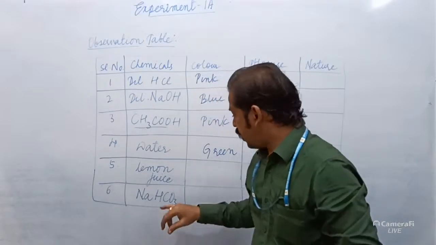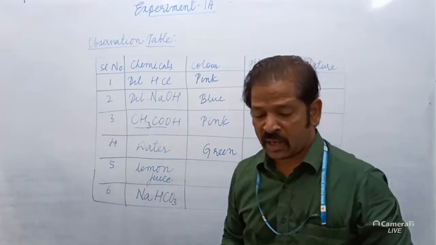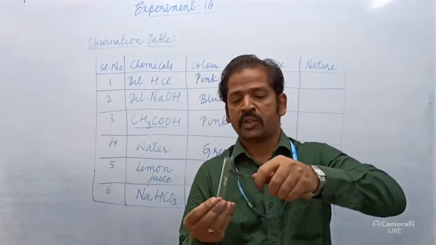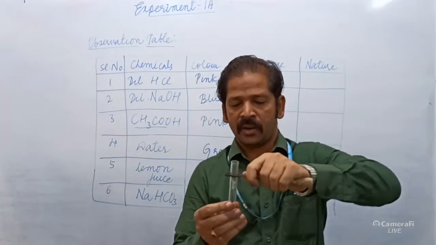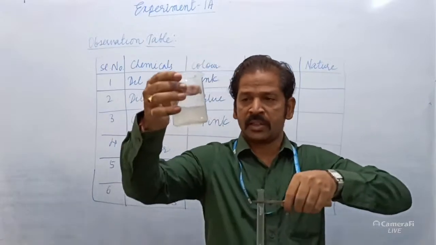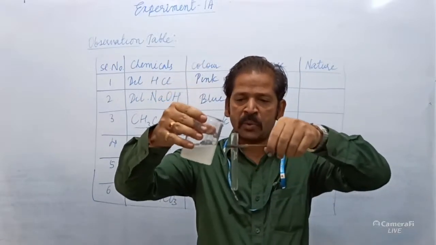Next, the last chemical is the sodium bicarbonate solution. I am going to take test tube number 6, that is F, and add this solution. The solution is here, sodium bicarbonate solution.